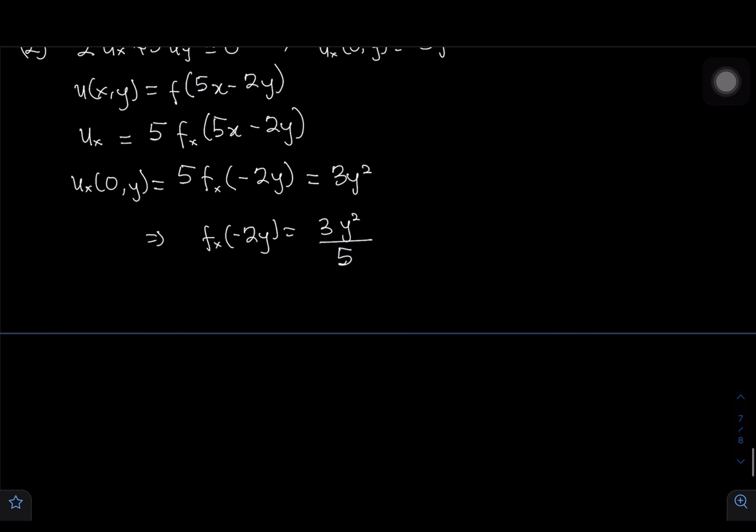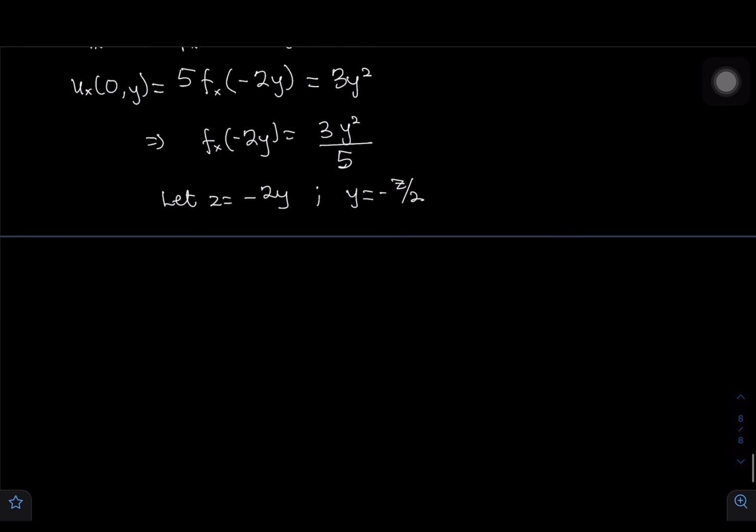So we can let z be equal to negative 2y, and that implies that y is equal to negative z divided by 2. Okay. All right. So if that's the case, then we have f prime of z being equal to 3 over 5 of (minus z over 2) all squared.